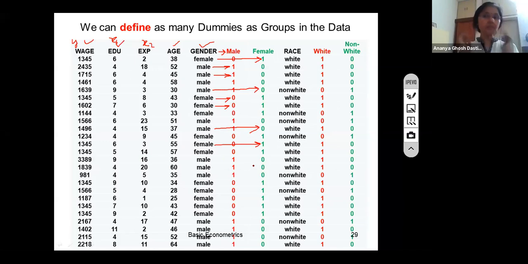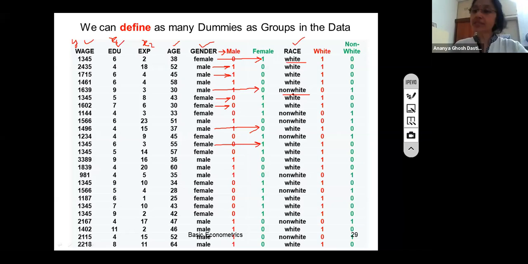So the principle is, if I have two groups in my data, male and female, I have defined two dummy variables, one male dummy and one female dummy. Now here, I also have another nominal variable called race, which is saying white or non-white.